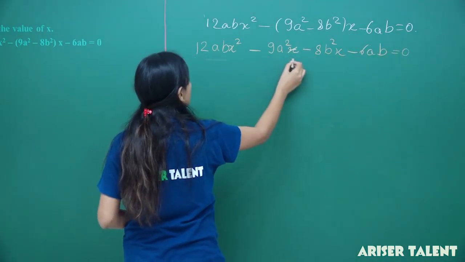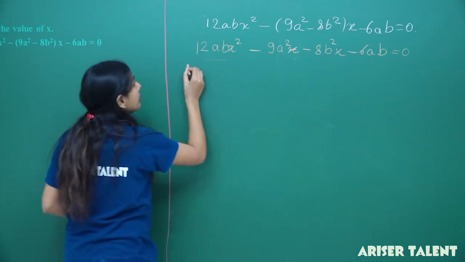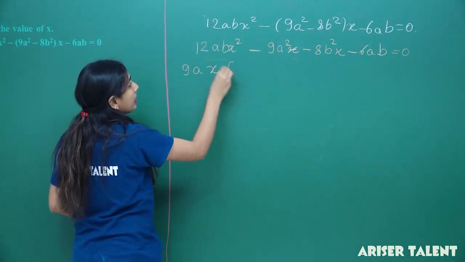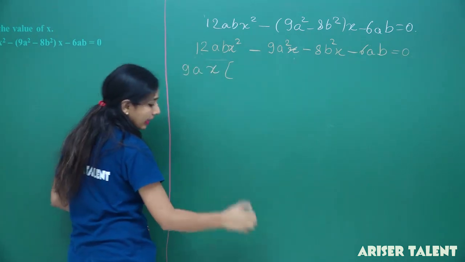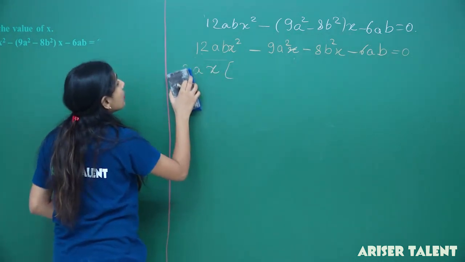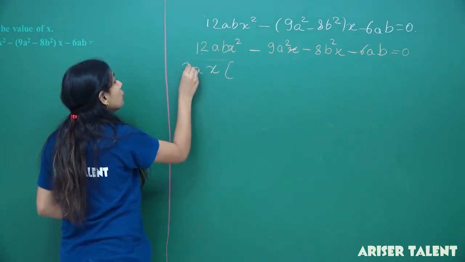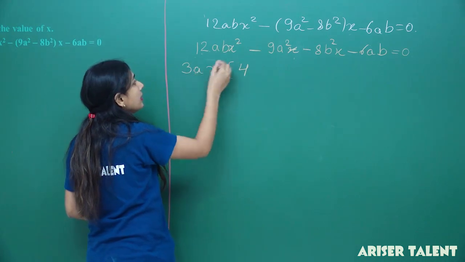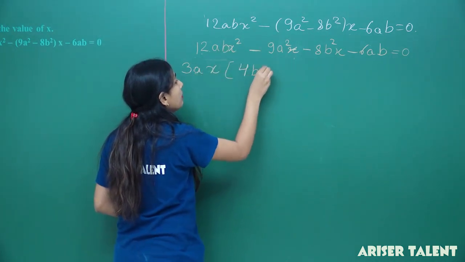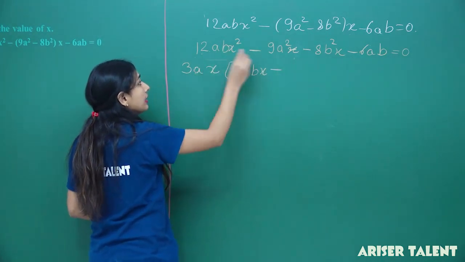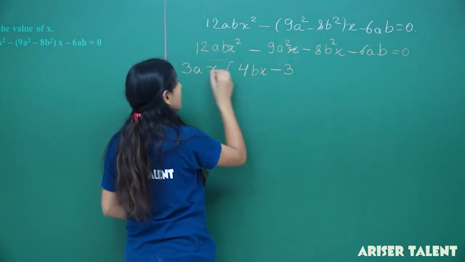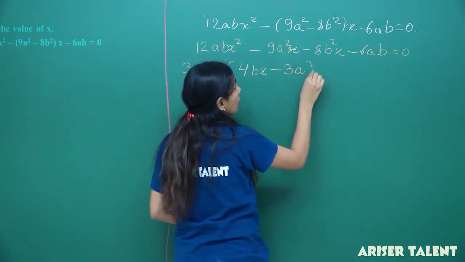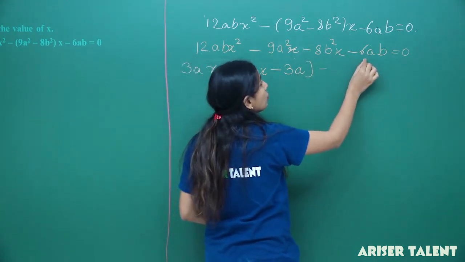So now from these two terms and these two terms, I can take common. From here, not 9, I can take 3 common. So what will it remain with? 4, a is here, x is here, so b and 1x. Now minus, that will be 3, and a is here, so it will remain with 1a and no x. Okay, minus, here common is 2.